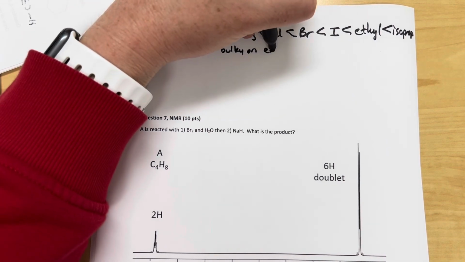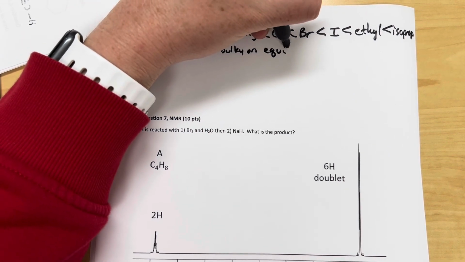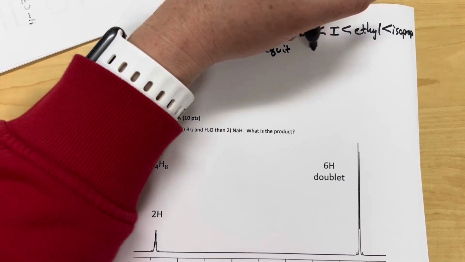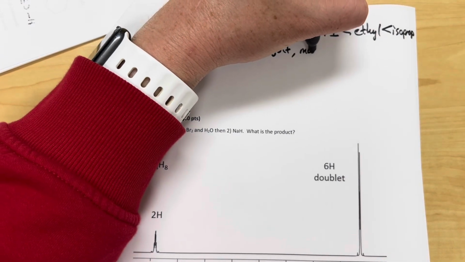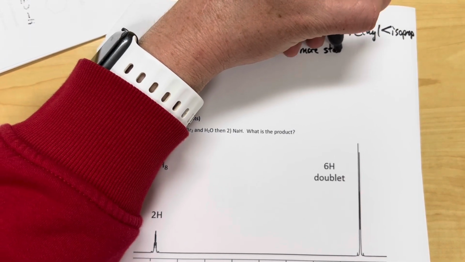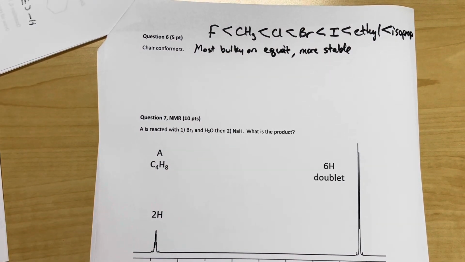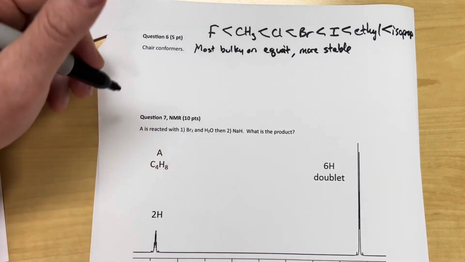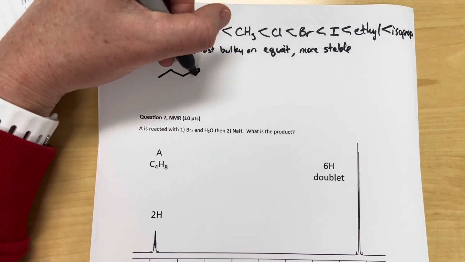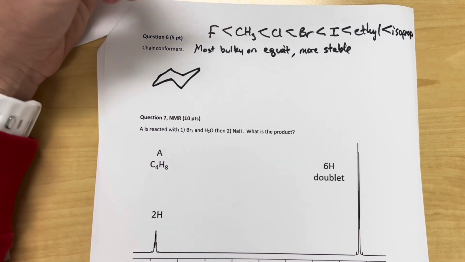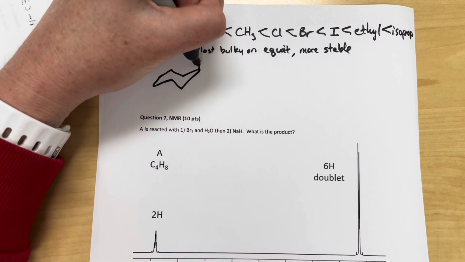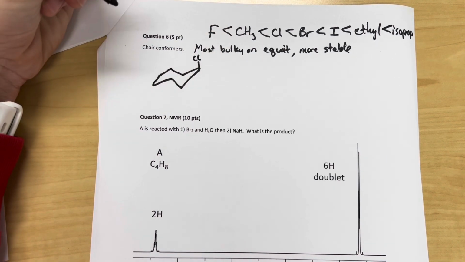on an equatorial position is going to be more stable. Okay, so the more bulky on an equatorial position is going to be more stable. So for example, if we have something like this, put the Cl there.